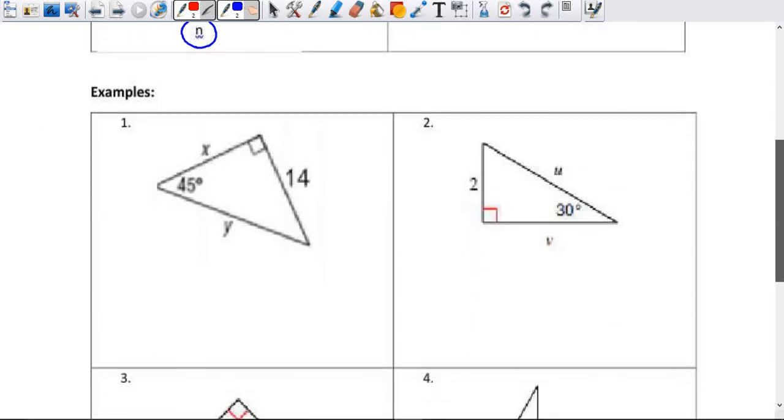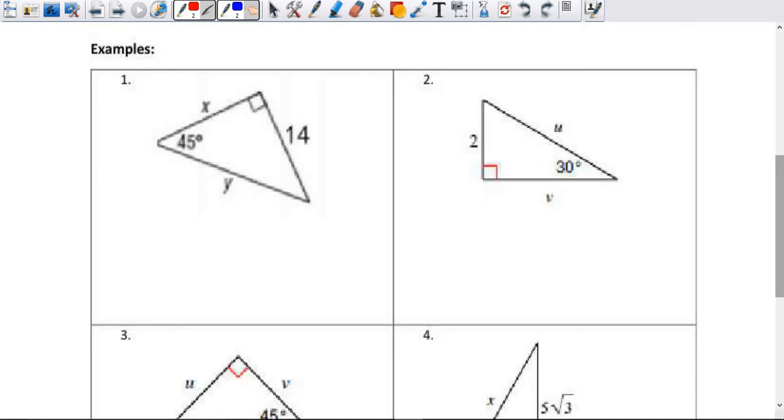All right? So let's do example 1 here. We notice it has a 45-degree angle. If that's a 90-degree angle here and a 45 here, that means this is also 45. So we have a 45, 45, 90. We can put our n on both legs, and then n square root of 2 for the hypotenuse. And we know that's the hypotenuse because it's across from the 90-degree angle.